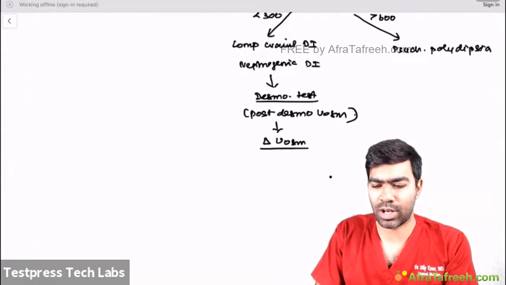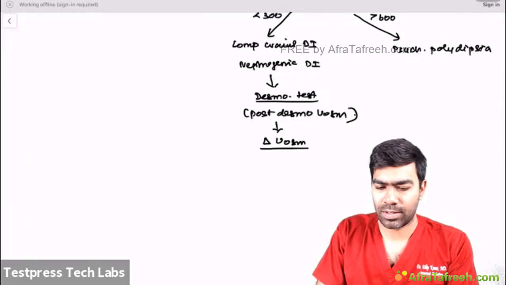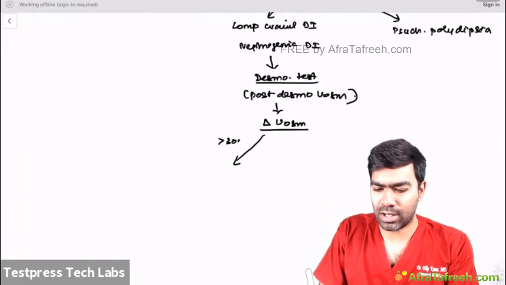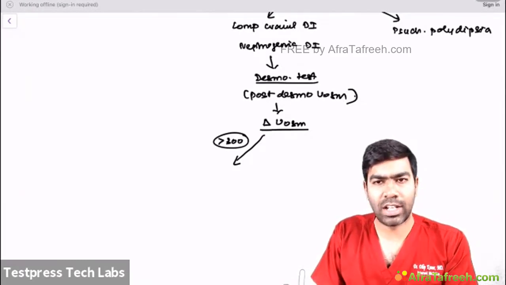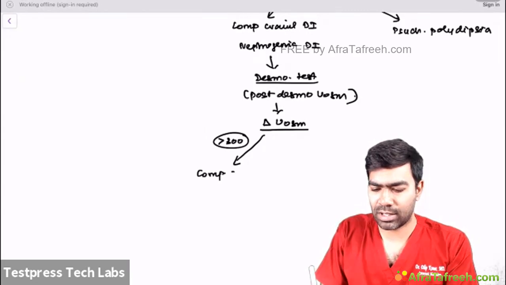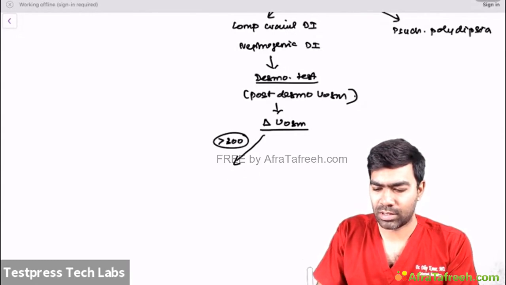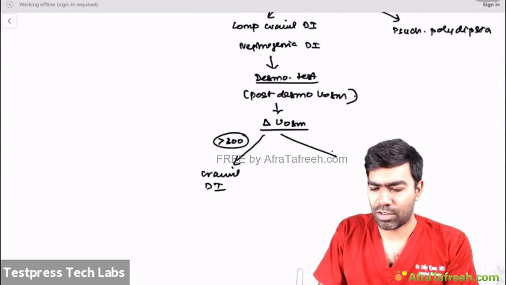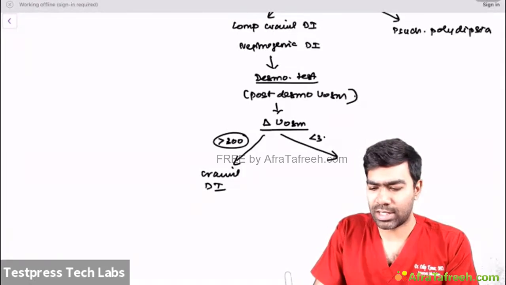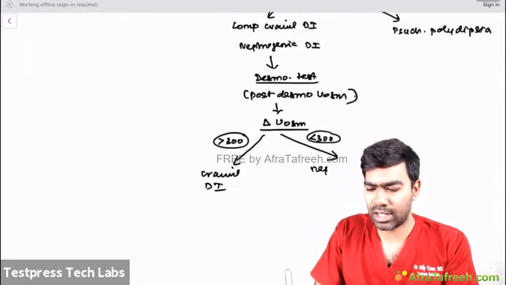If the urine osmolality becomes more than 300 after giving desmopressin, that tells you definitely it is a complete cranial diabetes insipidus. Or if my urine osmolality is not changing at all and is still less than 300, I'll be diagnosing a nephrogenic diabetes insipidus.